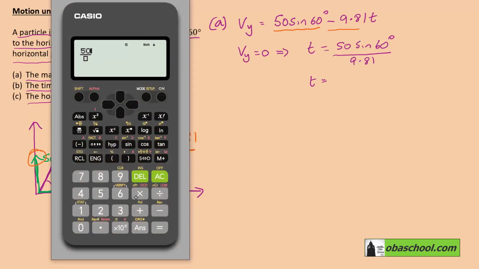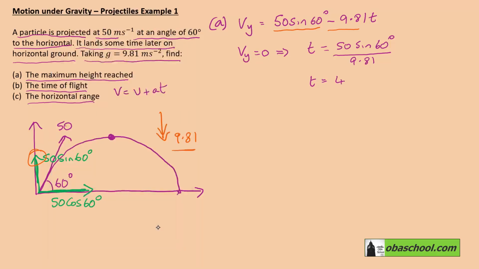So 50 times sine 60 over 9.81 gives me 4.41 seconds. Correct to 2dp.